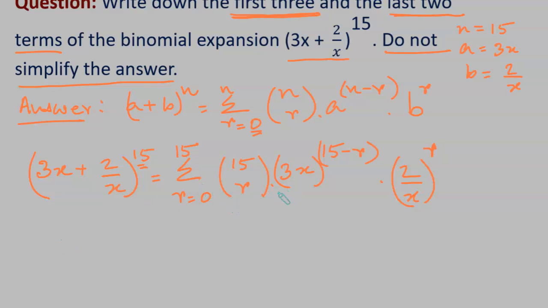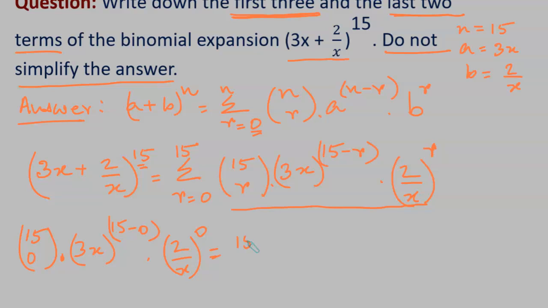When r is equal to 0, what happens to this part? It will be 15C0 times (3x) to the power of 15 minus 0 times (2/x) to the power of r, that is 0. And let me show you what is 15C0.